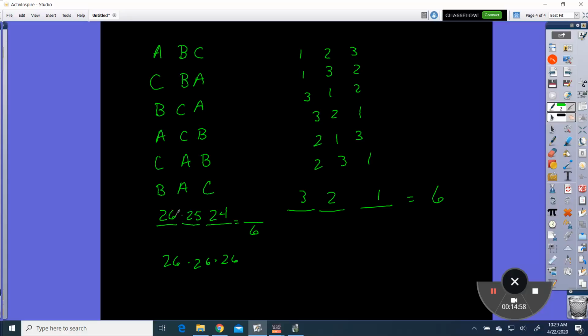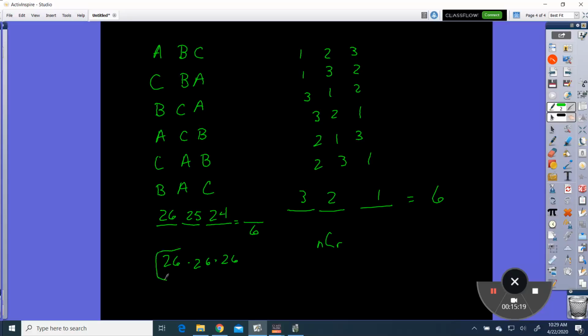Because each one of these groups that I form, there's going to be 6 that are the same thing if order doesn't matter. So that's what our calculator does for us automatically when we do this nCr stuff. Okay, so it does that for us automatically when we do that.